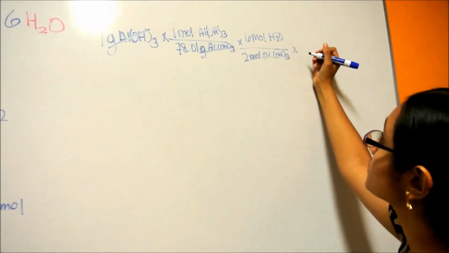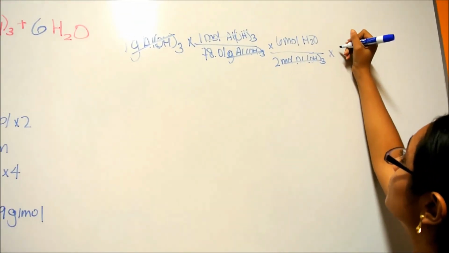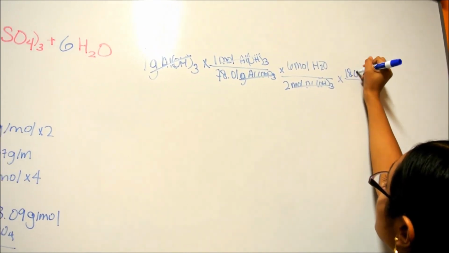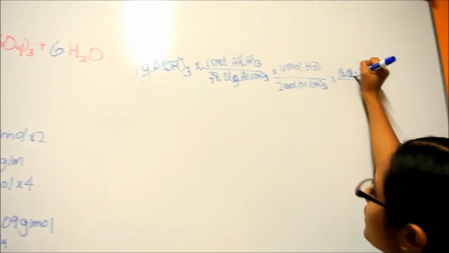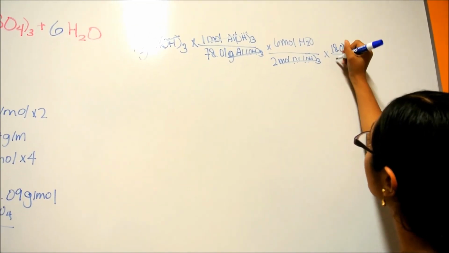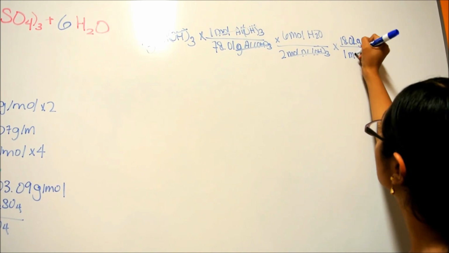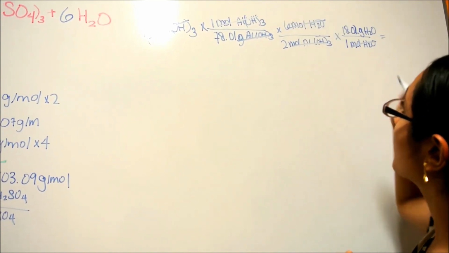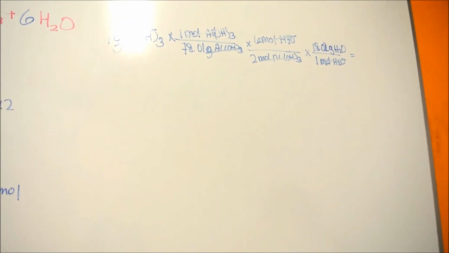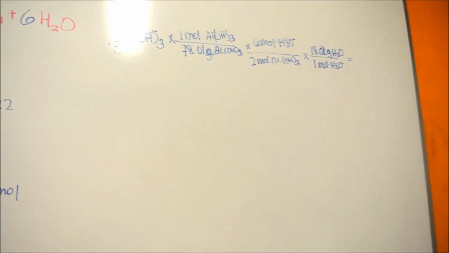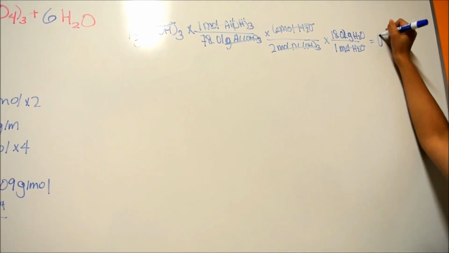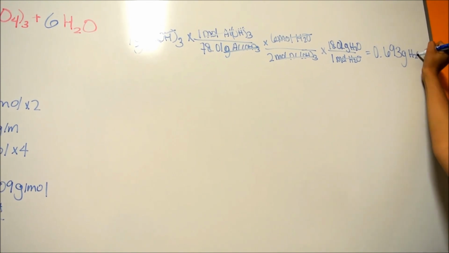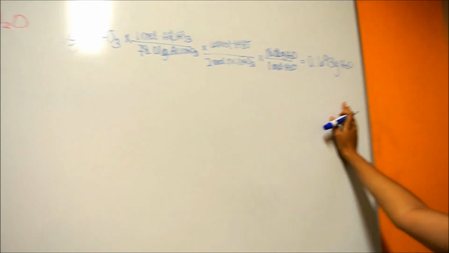So turning that into grams, I'm going to multiply by 18.01 grams of water over 1 mole of water. These two will cancel, and my 6 is left. And if you multiply that all out, you get a total of 0.693 grams of water.